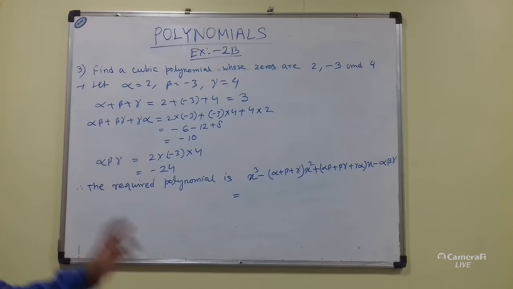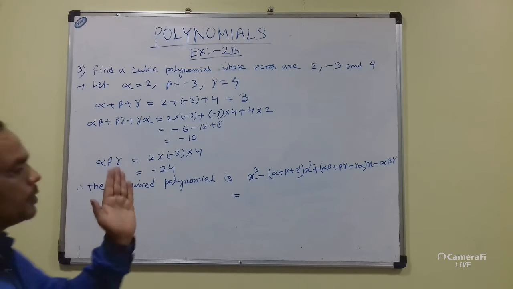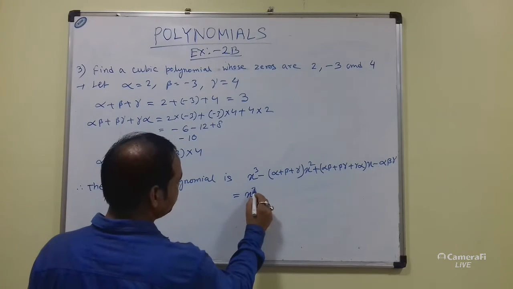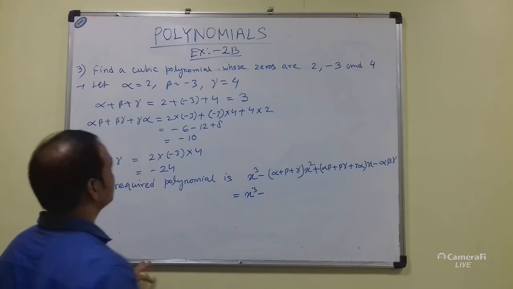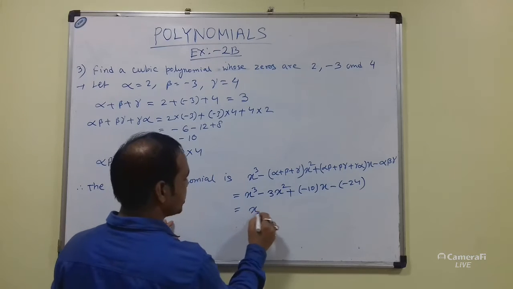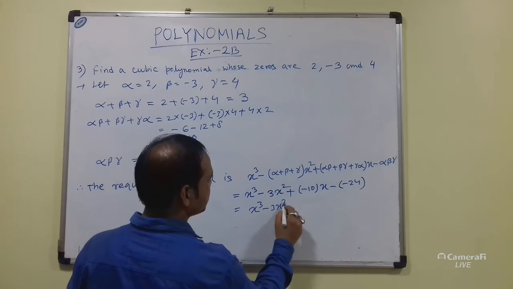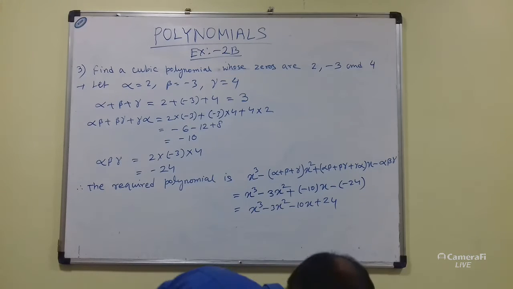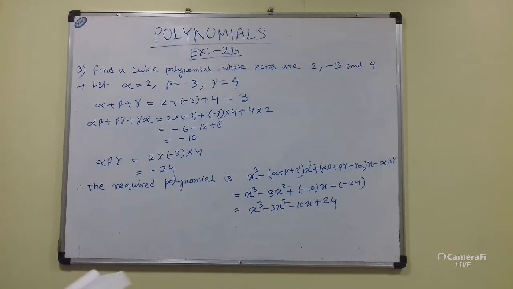This is the formula to find a cubic polynomial when alpha, beta and gamma are given. So x cube minus 3x square plus alpha beta, beta gamma, gamma alpha which is minus 10, and alpha beta gamma is minus 24. So it is x cube minus 3x square minus 10x plus 24. So it is the required polynomial, students.